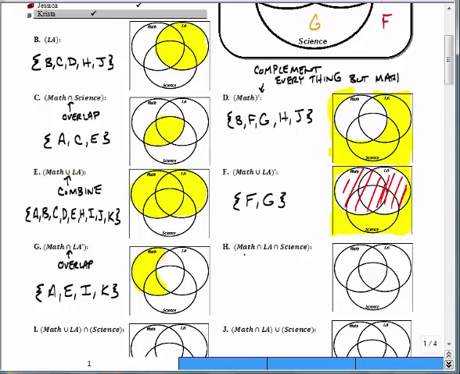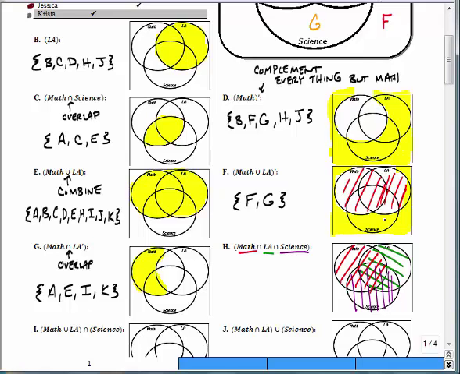Right, the next one says the intersection of math, language arts, and science. It's asking where do they all overlap at the same time. So if I highlighted each one of these, the only place they overlap is in the middle, but you can kind of see that if I first do math, and then I highlight language arts, which would be this way, everything inside language arts. And then finally, if I compare that to everybody in science, where do you see all of it being red, green, and purple at the same time?